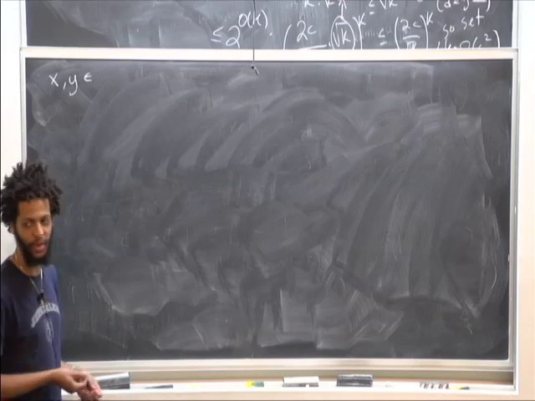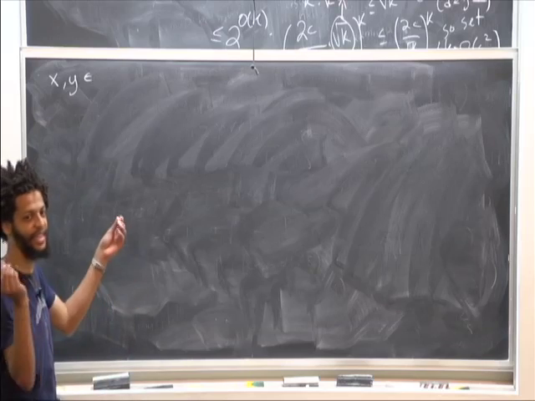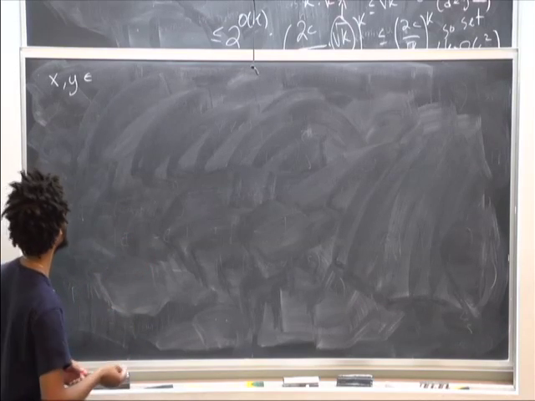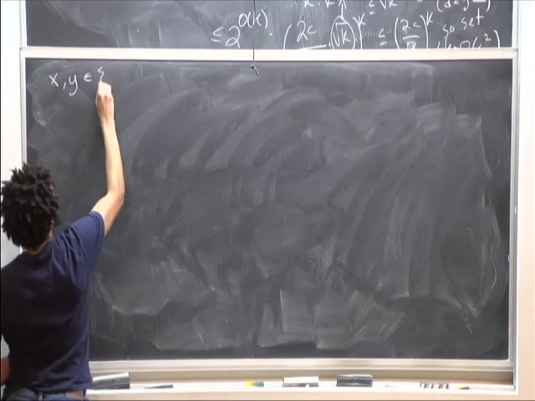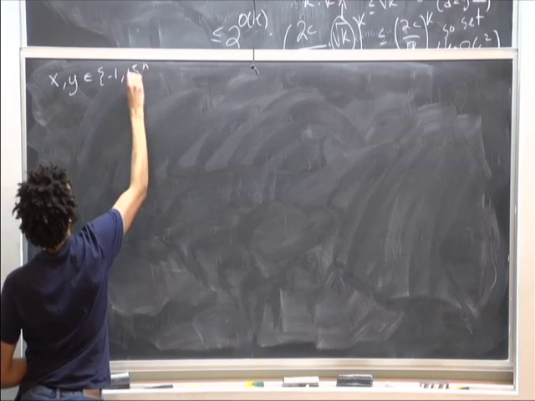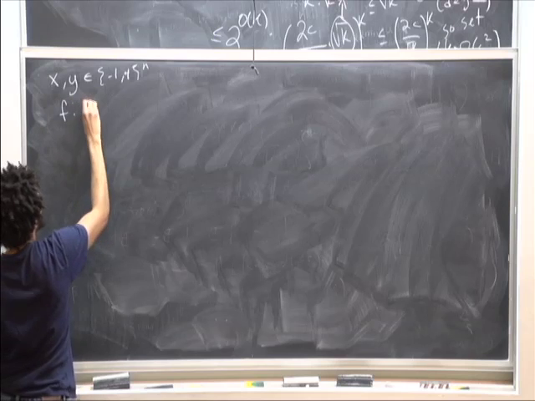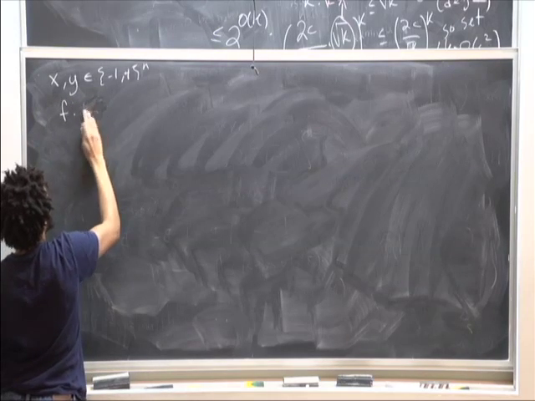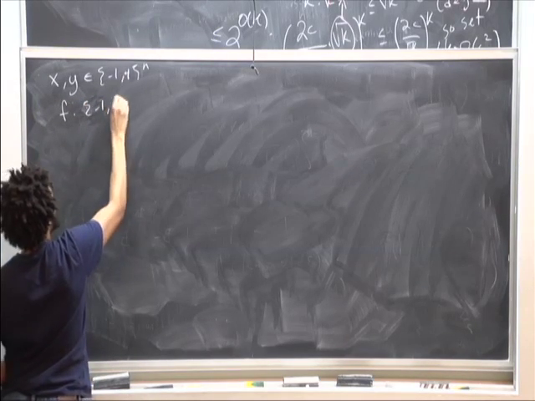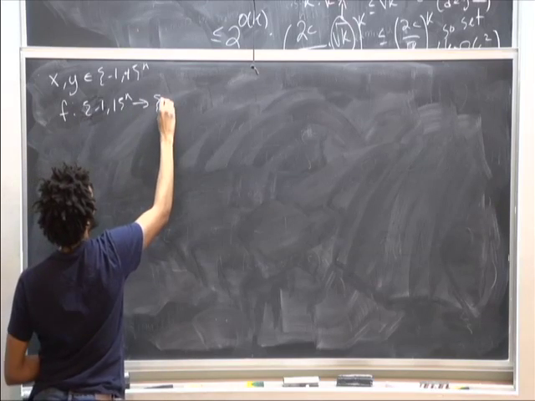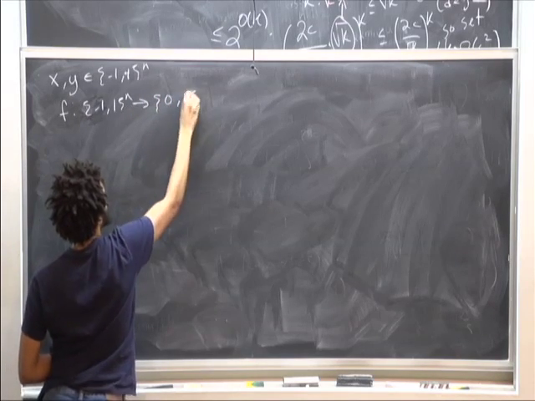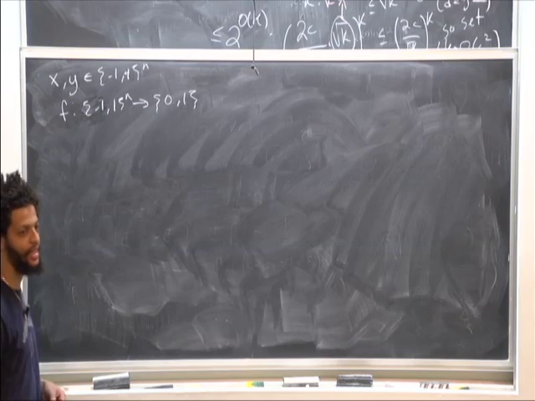Maybe we shouldn't reduce it to a one-dimensional problem. Let's work in the original dimension, which is n, right? So we have x, y, which are in {-1, 1}^n. And we have some function mapping {-1, 1}^n into {0, 1}. Okay, like the indicator function of some set.